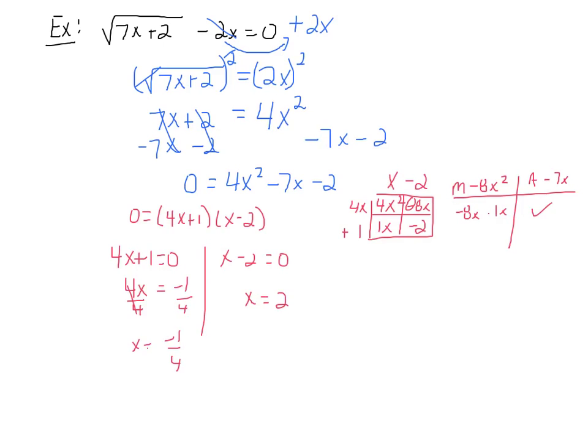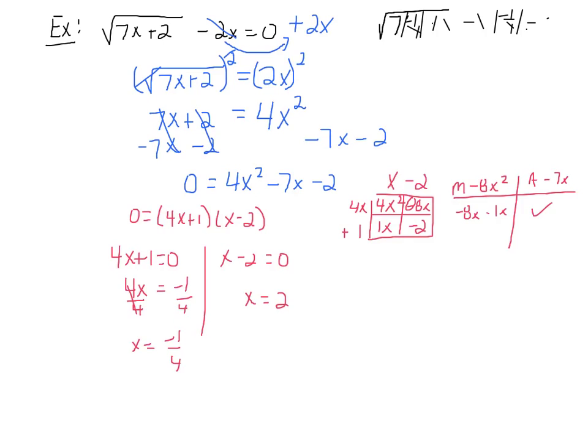So I've got the square root of 7 times a negative 1/4 plus 2 minus 2 times negative 1/4, and it should equal 0.